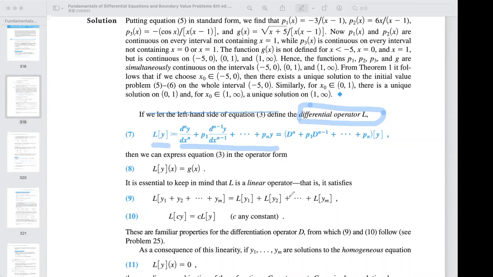So in calculus, you will learn this is Leibniz notation, right? d over dx is Leibniz notation.